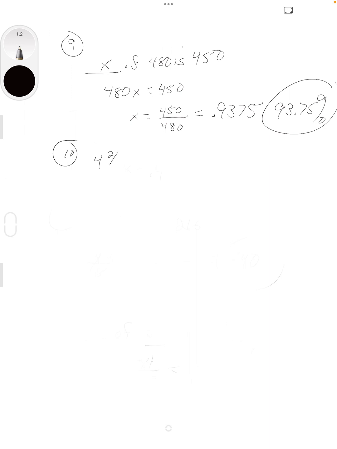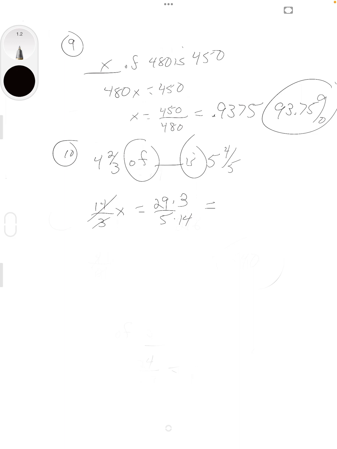4 2/3 of what number is 5 4/5? Okay, so blank of blank is blank. So I'm going to change this to a regular fraction. That's going to be 14/3 x equals 29/5. Move the 3 up, move the 14 over, and I get x equals 29 times 3, which is 87 on the top, and 5 times 14, which is 70 on the bottom.